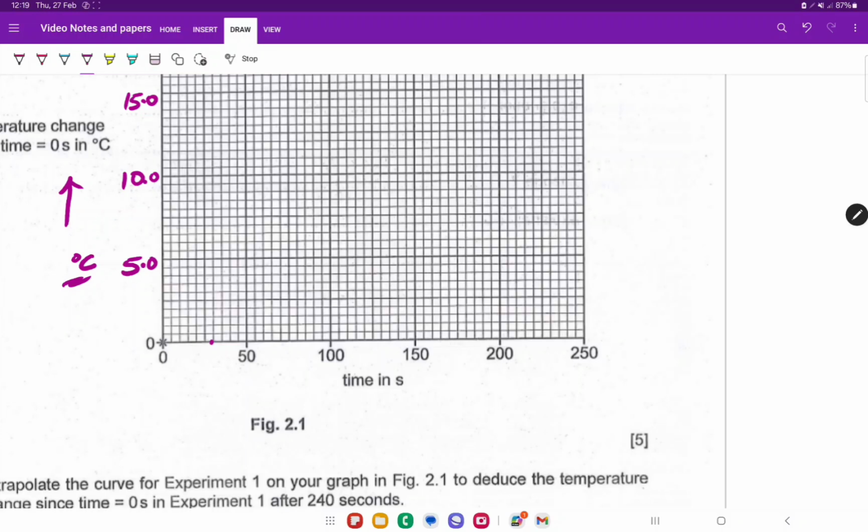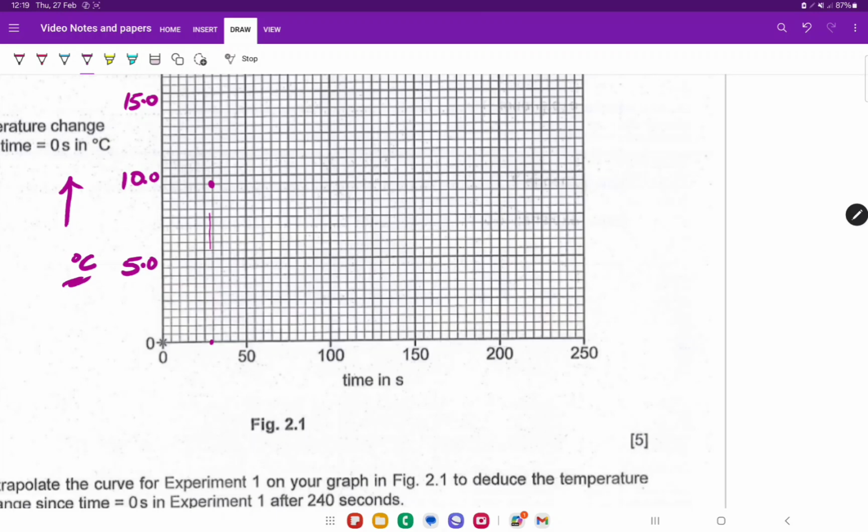The difference between these two is 5, so one line is 1 point, two lines of 1 point. I require 9.5, so this is 9 and this is 9.5 at 30. When I plot it, it will come around this point.